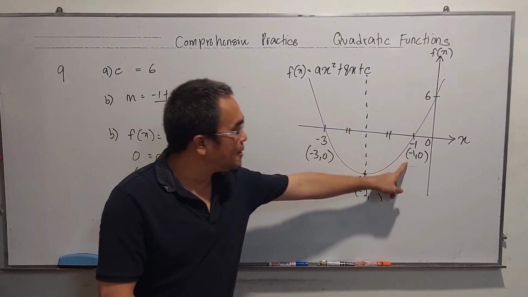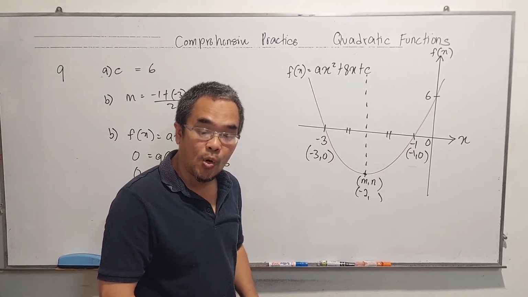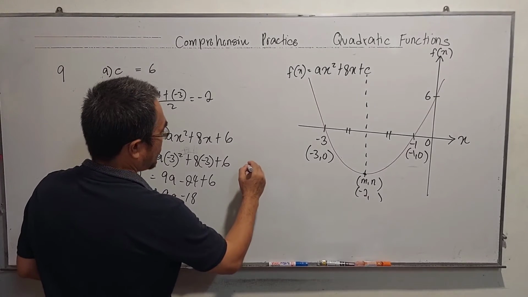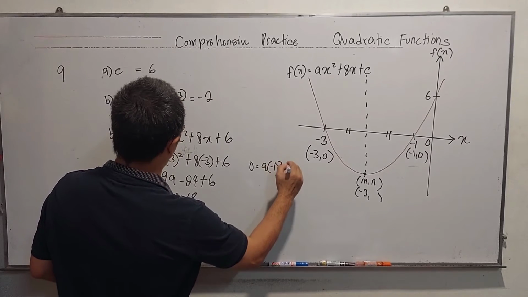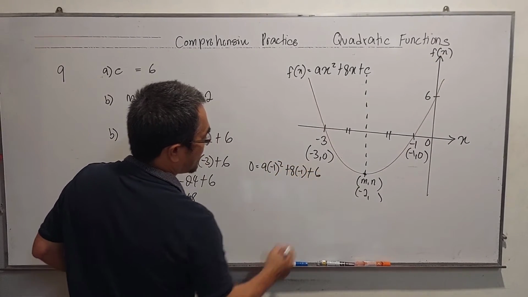What happens if I replace x as -1 and f(x) as 0? Let's do it together. 0 equals a times -1 squared plus 8 times -1 plus 6.